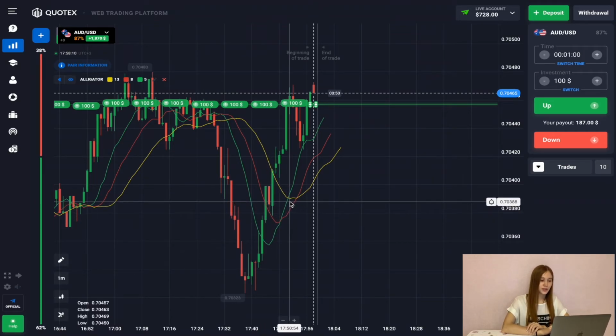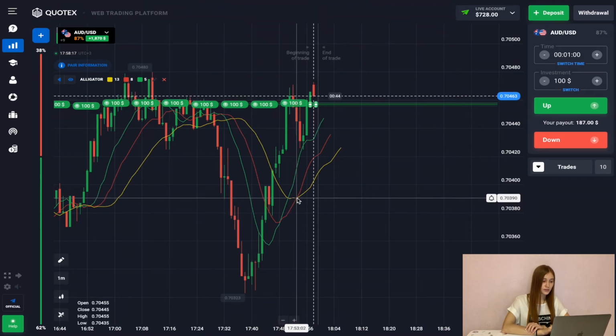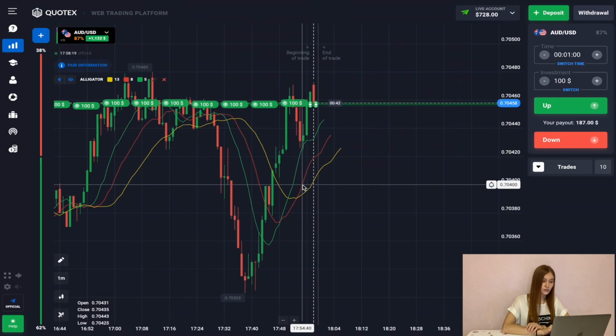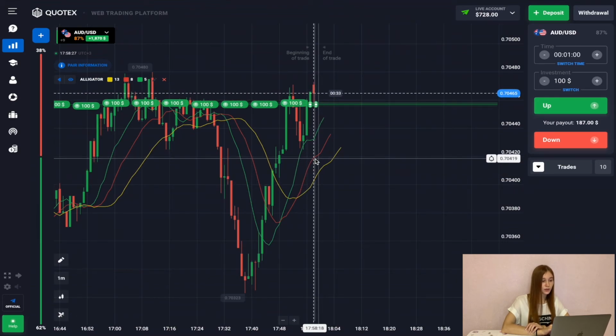So now we can successfully close our deals again according to the strategy, and now we don't see any fluctuations on the moving average, and the movement of the uptrend continues, and we can end our trade here.